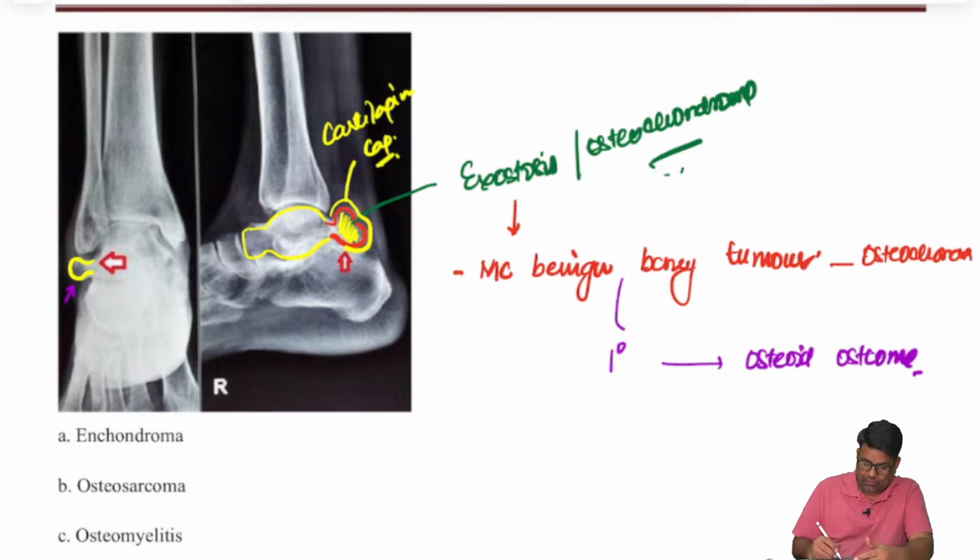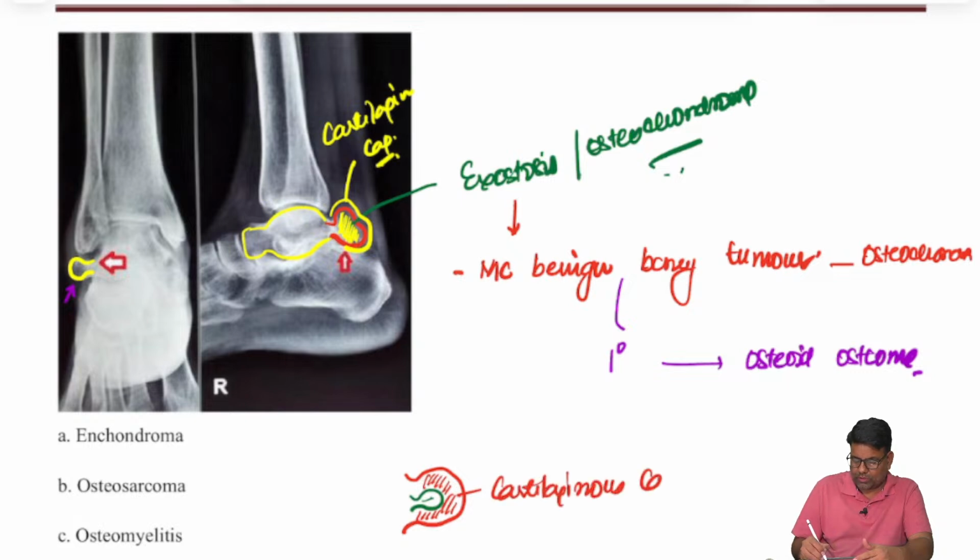Suppose on the X-ray the size is this much, but when you operate, you will see that the tumor is somewhat this. This is because all of this is the cartilaginous cap. This cartilaginous cap is not visualized on X-ray, and therefore on X-ray it looks small, showing only the bony component, right? And therefore this is known as osteochondroma.